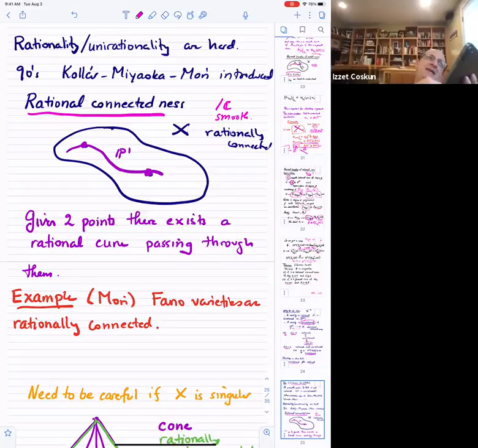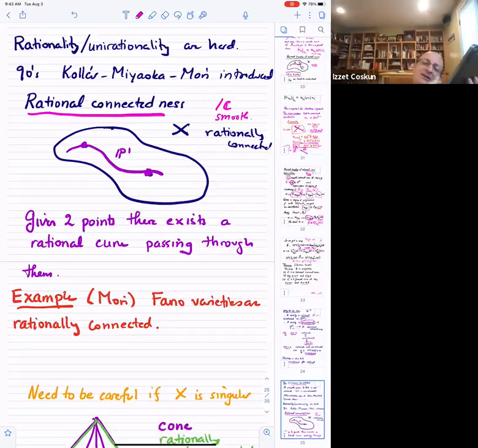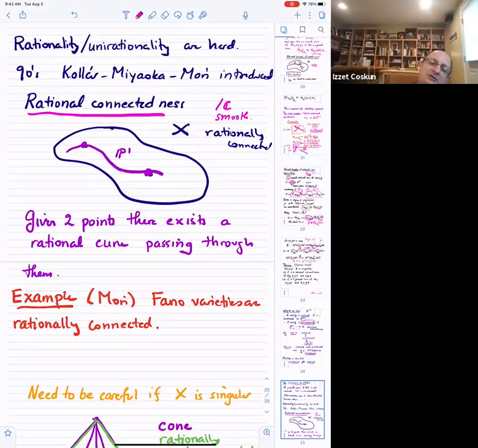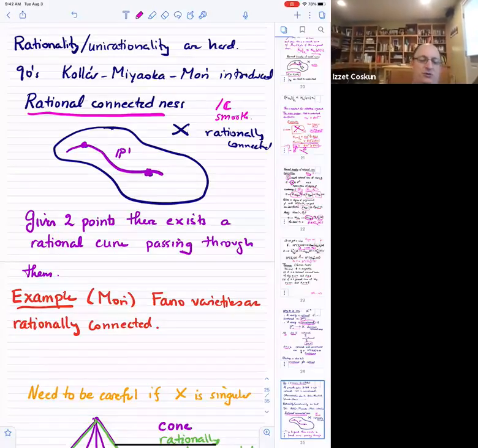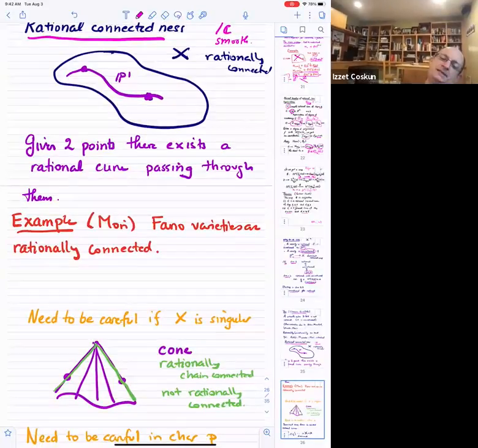It turns out to be equivalent to saying that through any two points, there's a smooth rational curve, the image of a P1. So let's be a little bit loose and say that given two points, there exists a rational curve passing through them.